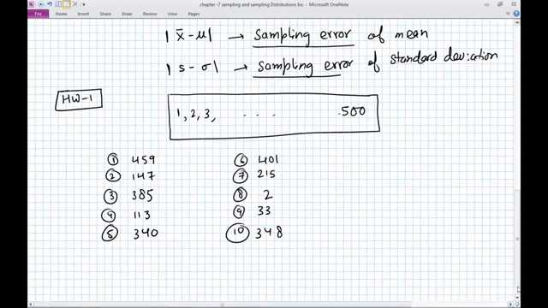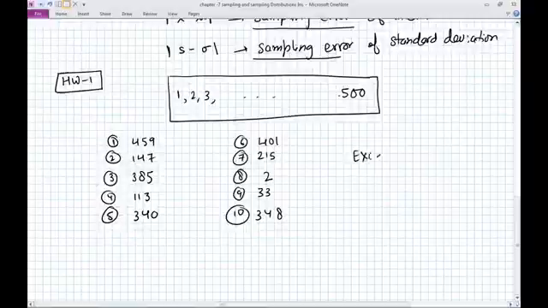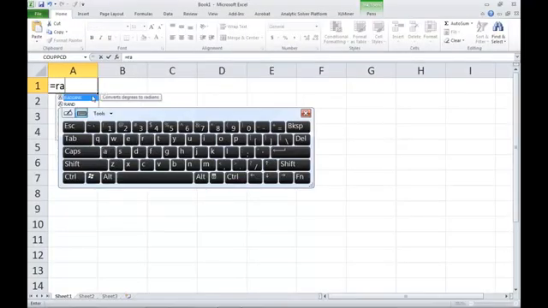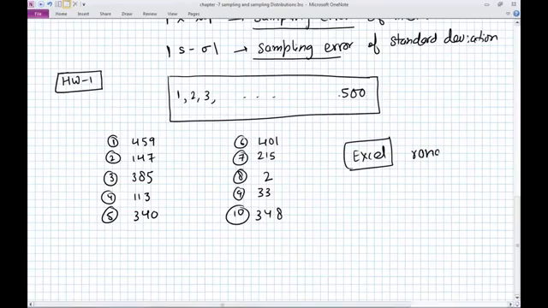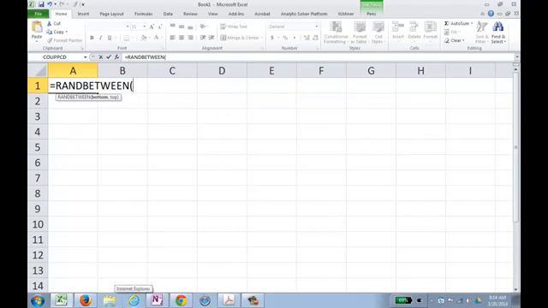So simple random sampling is one way. You can also use the Excel function RAND, which can be used for generating random numbers. You can also generate random numbers between, using RANDBETWEEN. Let's say in that example we wanted random numbers between 1 and 500.